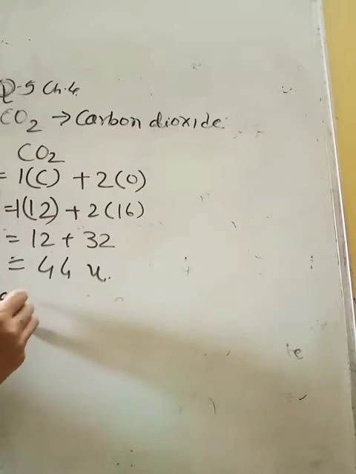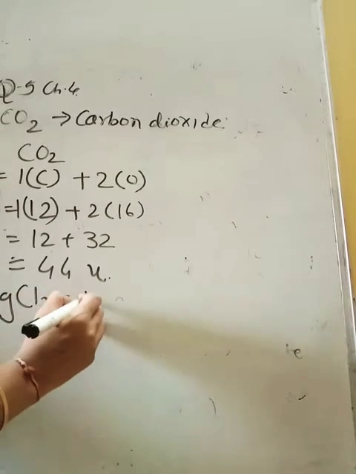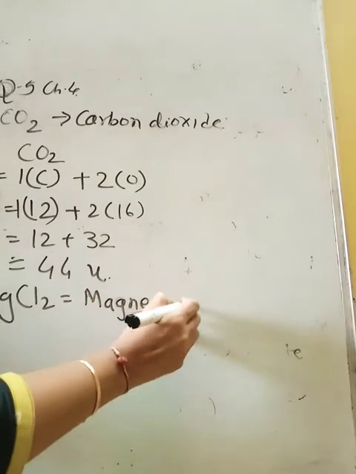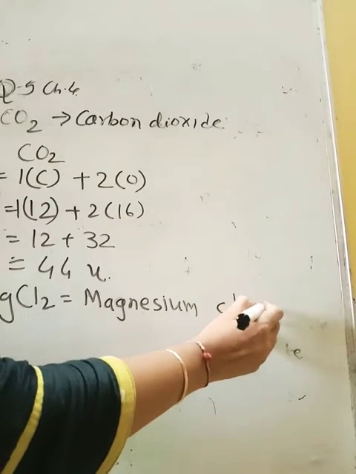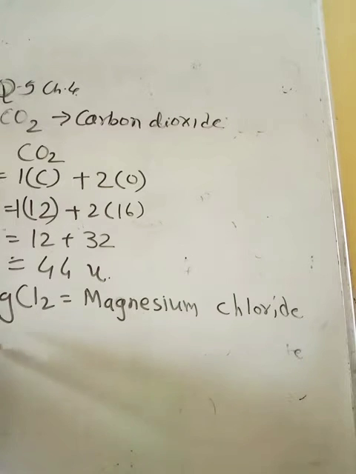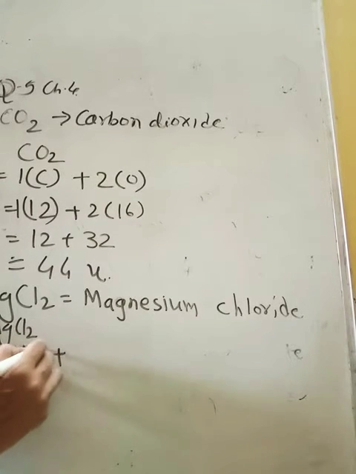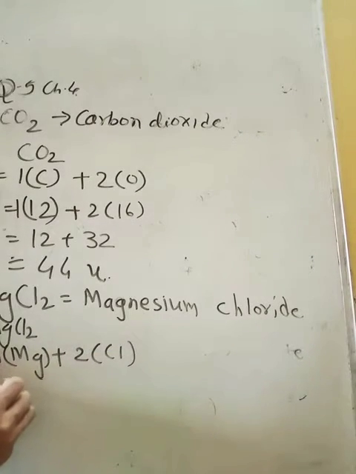Next is MgCl2, which means Mg stands for magnesium and Cl2 means chloride. So you have magnesium chloride. MgCl2 means one atom of magnesium plus two atoms of chlorine.